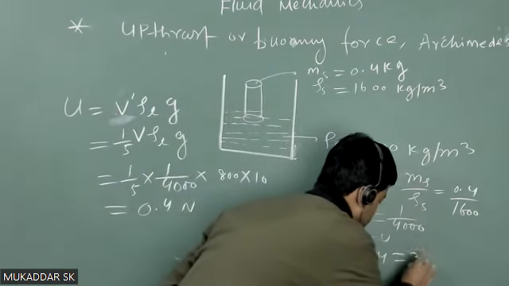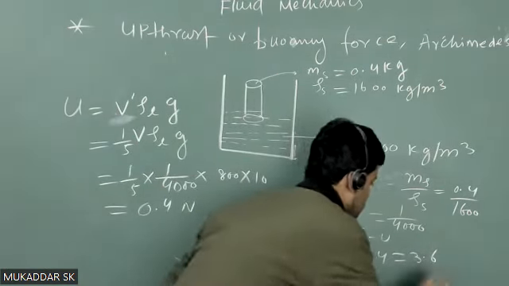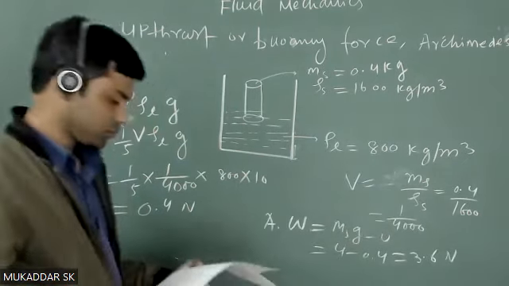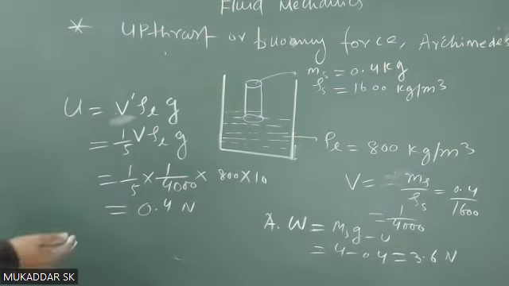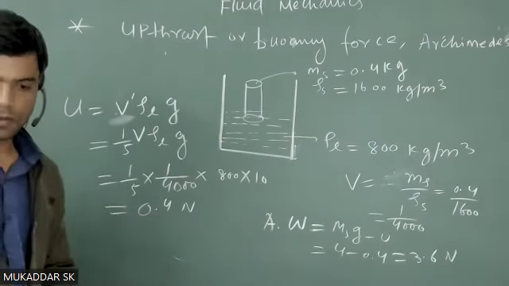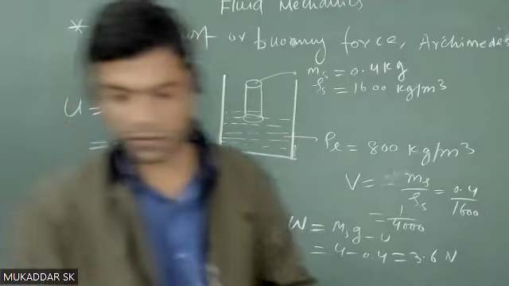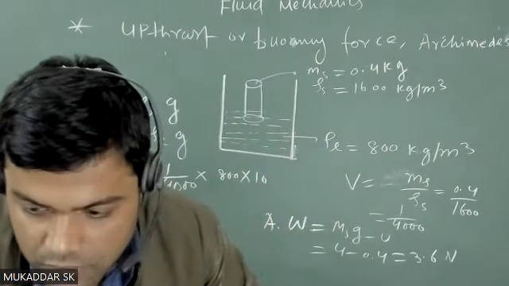So this will be 3.6 Newton. So they may ask you apparent weight or weight loss by giving this kind of parameter, and it's an important and trivial question. Okay. So I think we can stop here and we'll further discuss other things.